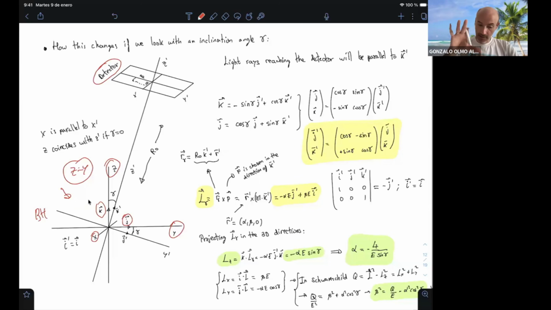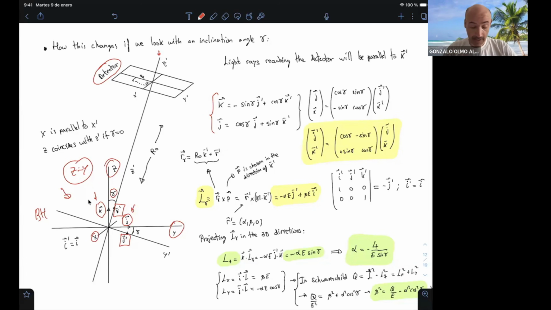And when it is inclined, then the reference frame of the observer, of the detector, is inclined an angle gamma with respect to the original frame, and therefore we can express this K and this J in the basis of K prime and J prime. And that relation is here. This is simple trigonometry.